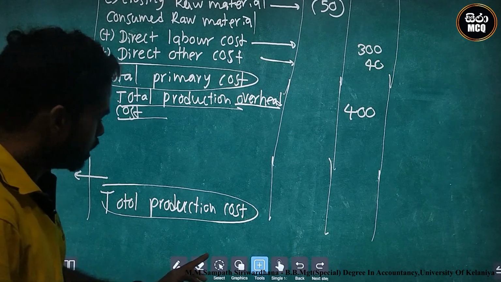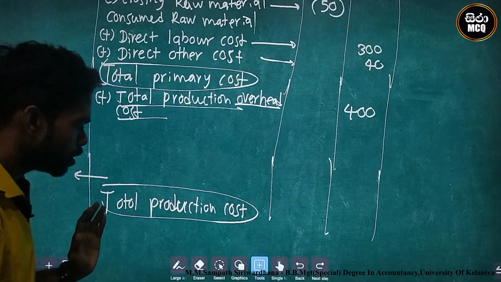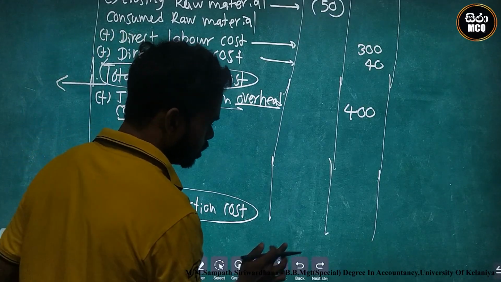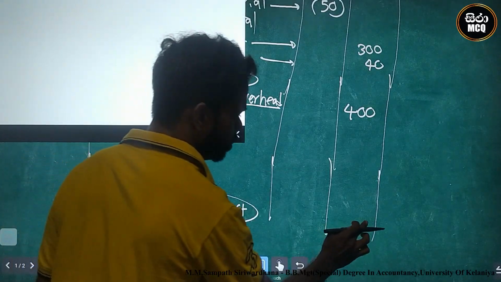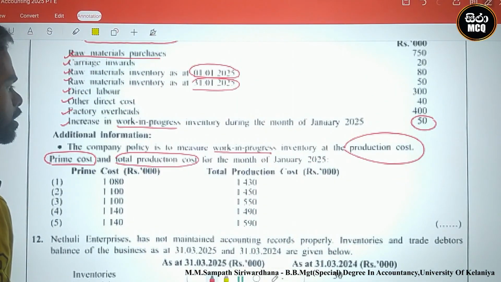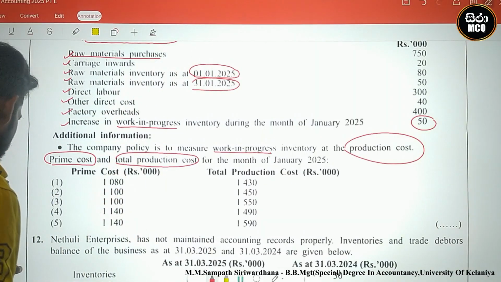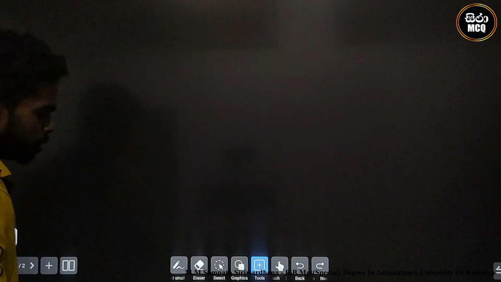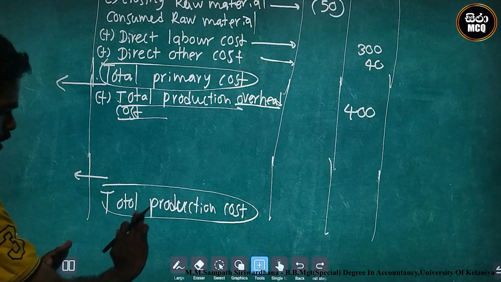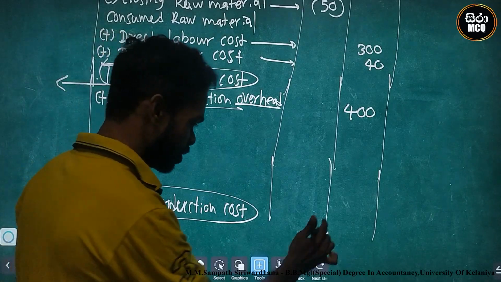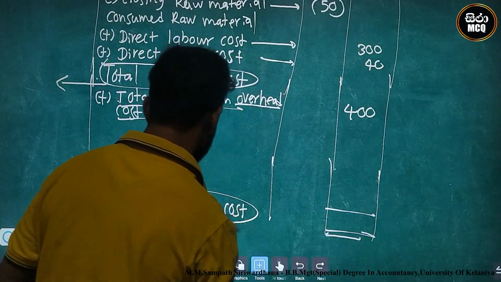In this question, where should the work in progress be adjusted? They said production cost, which is the total production cost, the final one.